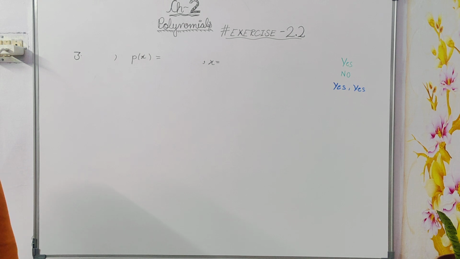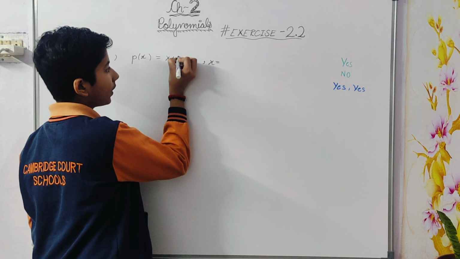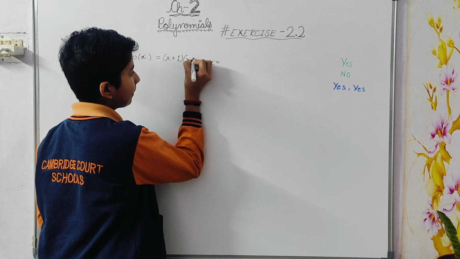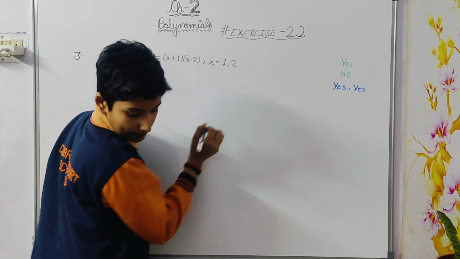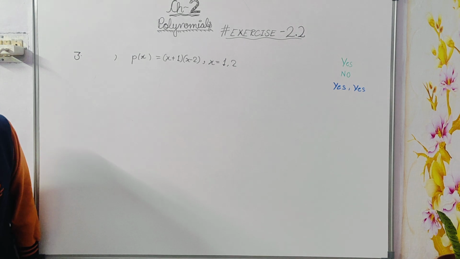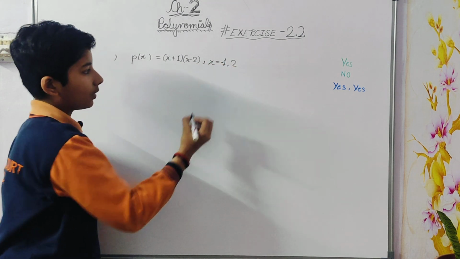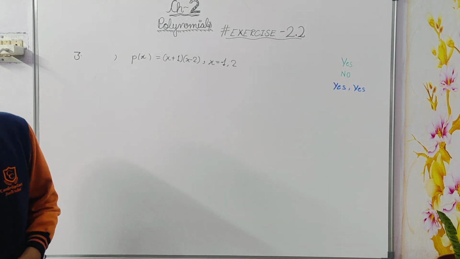Now the fourth one: (x plus 1)(x minus 2), where x is minus 1 and 2. Let's start.